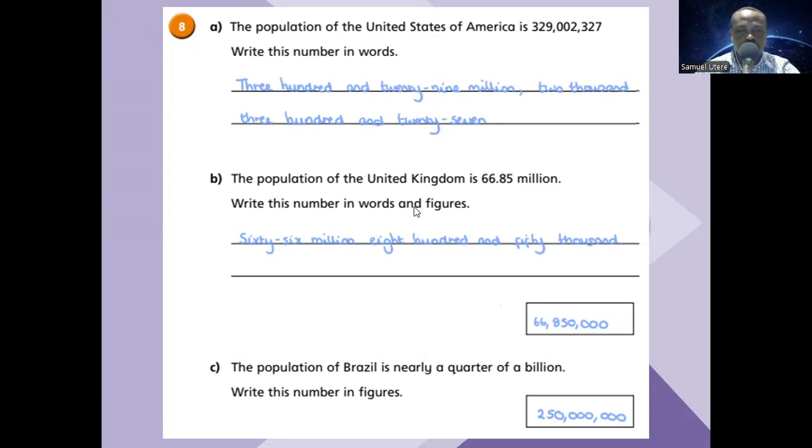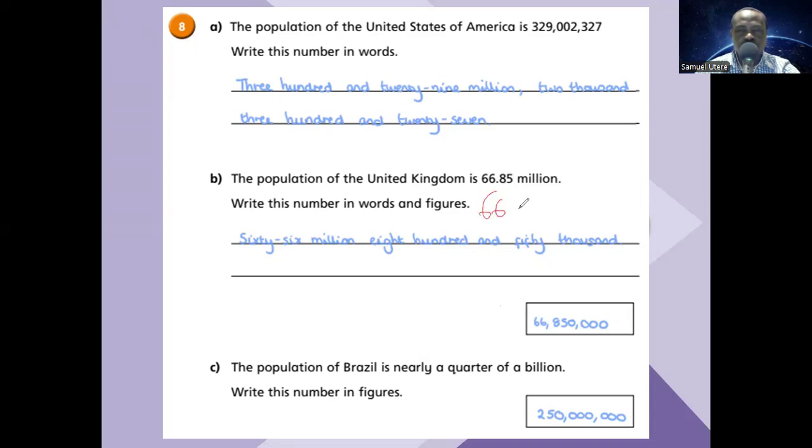Okay, and then the population of United Kingdom is 66.85 million. How would we write this in figures? 66,850,000. So if you think about it, if we want to write this, we'll say, okay, we have 66.